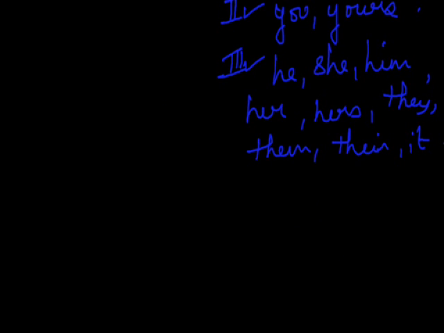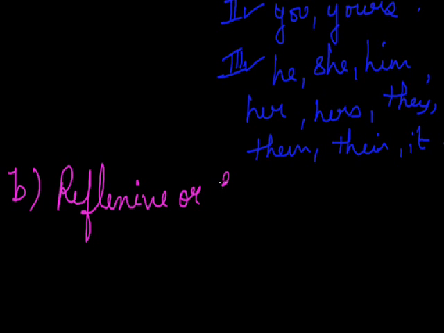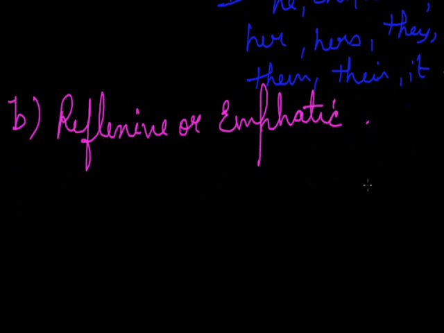Now, talking about the second, that is reflexive or emphatic pronoun. Reflexive pronouns act as the object to the verb, but they refer to the same person as the subject of the verb.